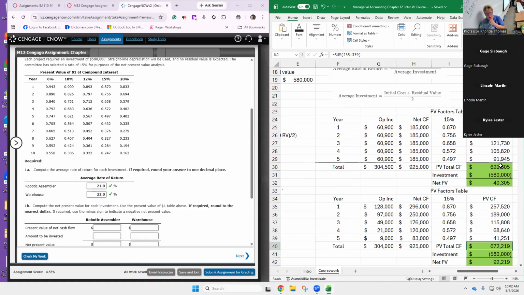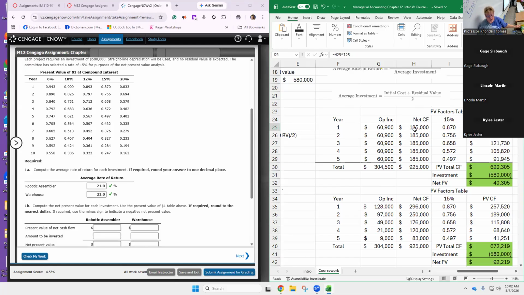Here's where things are going to change, because you're going to take each cash flow times whatever factor is sitting here to get the present value of that cash flow, okay? The present value. And like I said, the first one is the first year's cash flow.